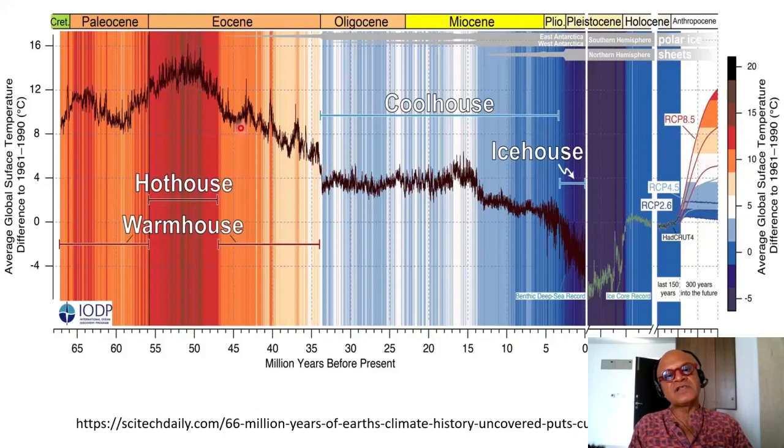When you see these kinds of reconstructions, you have to find the explanations for what caused these changes in the past and how that says something about where we are headed in the future, let's say in terms of the climate sensitivity.